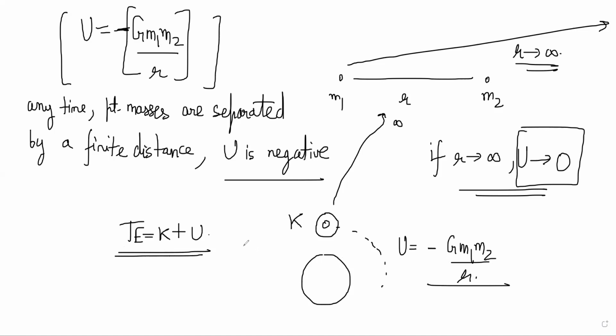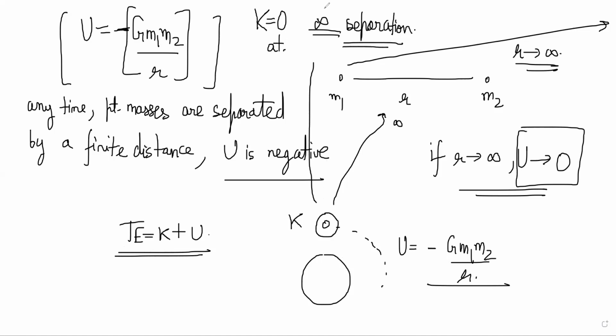If this body has to escape, you want to give it enough energy so that it is just somehow managing to reach infinite separation. And if it reaches infinite separation, you can say that kinetic energy becomes zero at infinite separation, because that means you have just barely managed to reach that point.